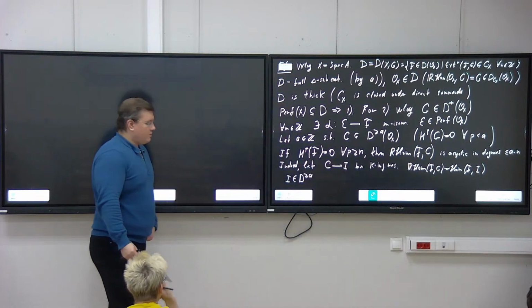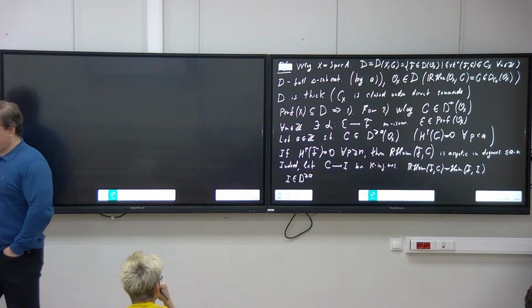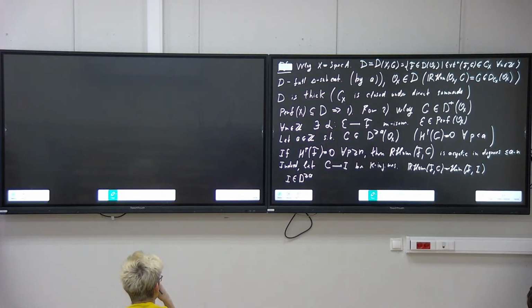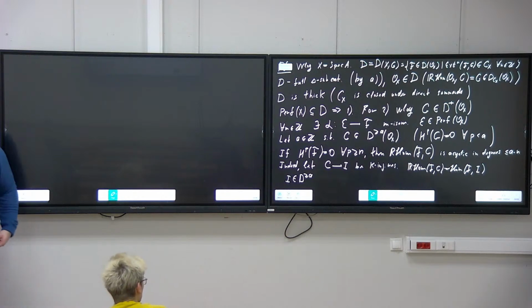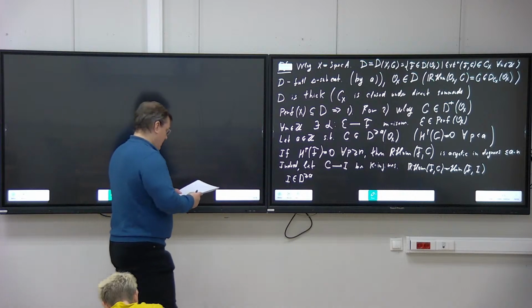Right? Because remember that for the bounded cases, below or above, we have kind of constructed procedure how to produce a resolution, right? Which will be just resolution of injective objects, which is as a corollary K-injective. So by that argument, we know that the K-injective resolution also sits in the same degrees.